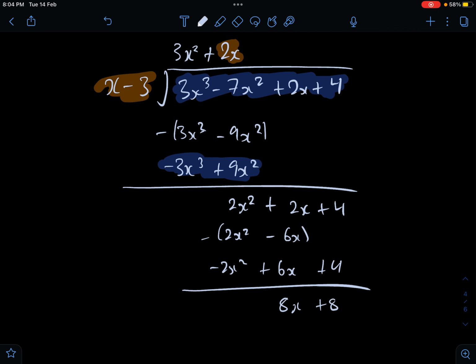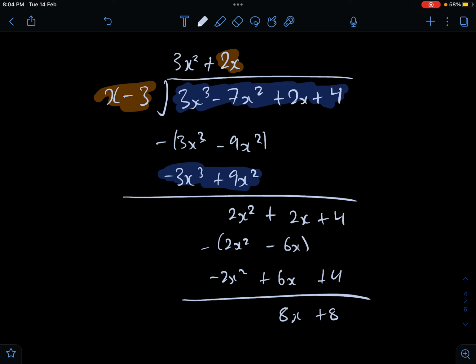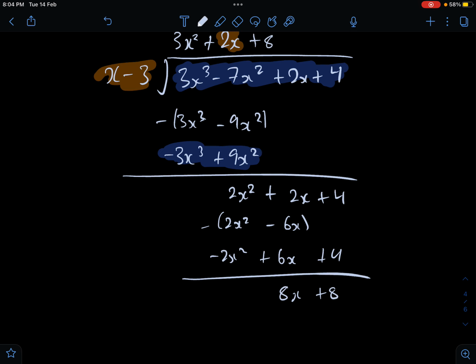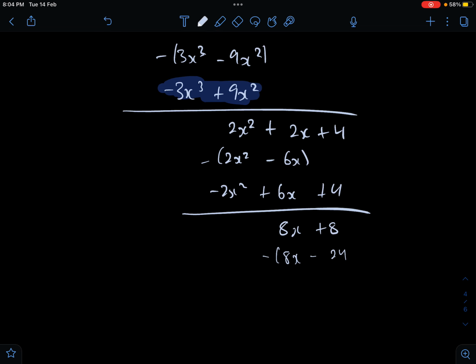And then we have our next term plus 8. You get minus 8x minus 24, and you get a remainder of 20.